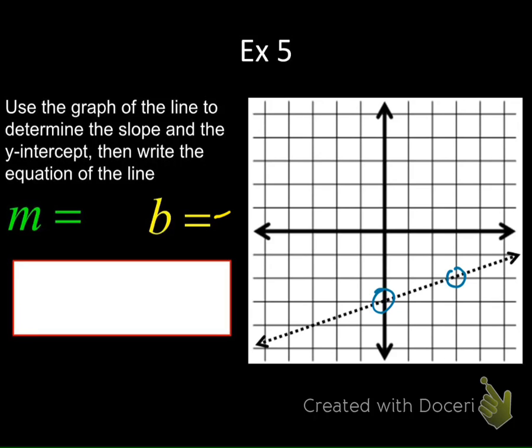Negative 3, because we went down 1, 2, 3. And my slope is up 1 over 3. So my slope is 1 over 3, and my equation is y equals 1/3 x minus 3.